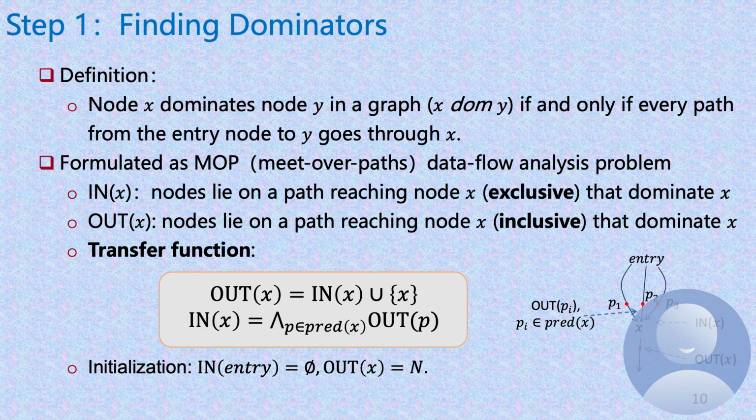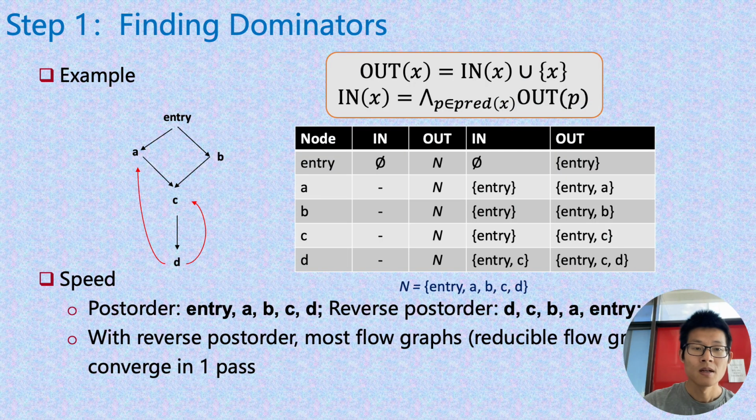Lastly, we give the initialization of the data flow analysis. We set the in value of the entry to be an empty set and set all the out values of all other nodes to be N, where N is the full set of the nodes in the flow graph. Let's see an example.